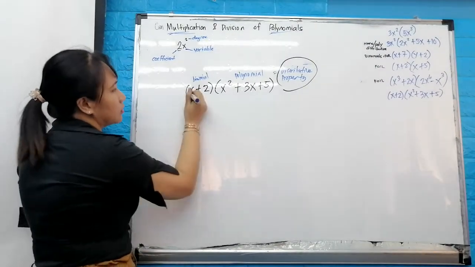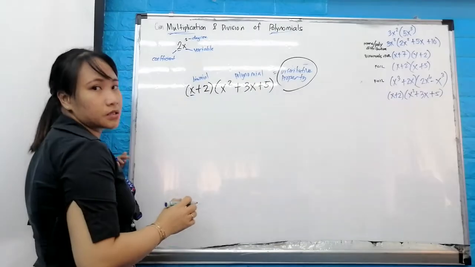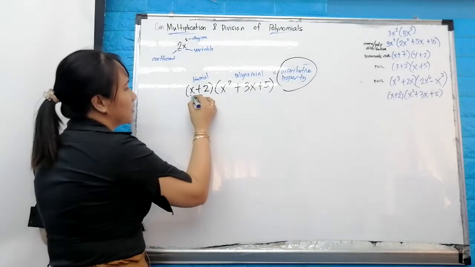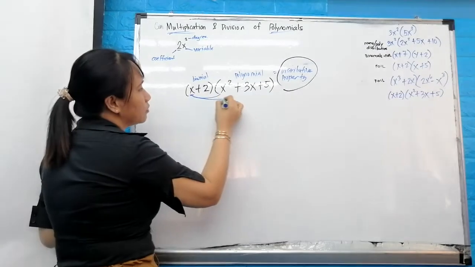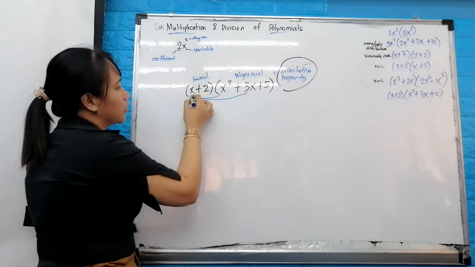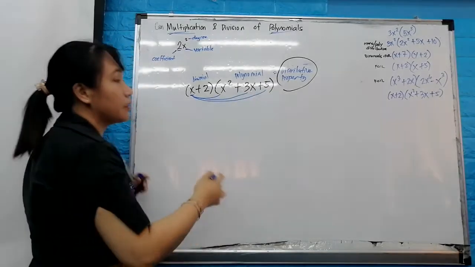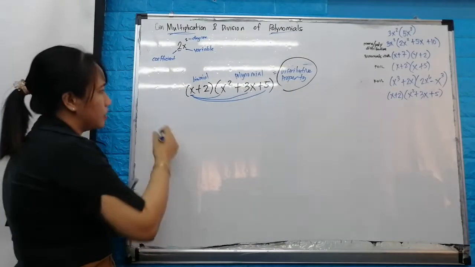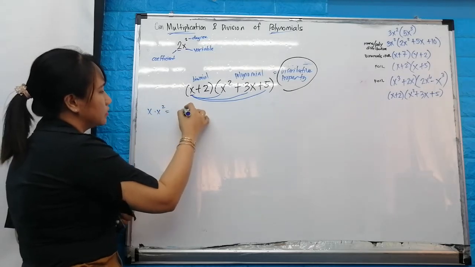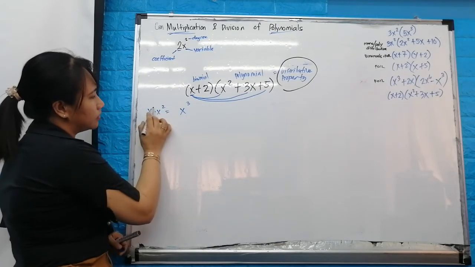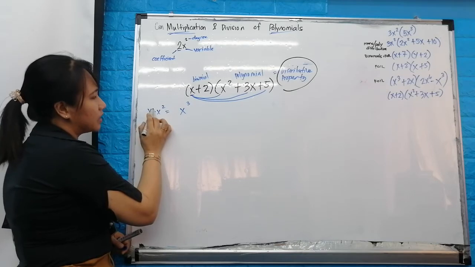Let's just work on your x first. So x, you multiply it by x squared. Your x again, you multiply it by 3x. Your x again, you multiply it by 5. So x times x squared: you've got x again, and you cannot see any number here, so that means it is 1.